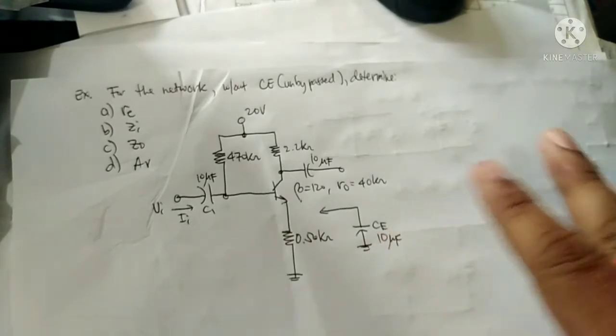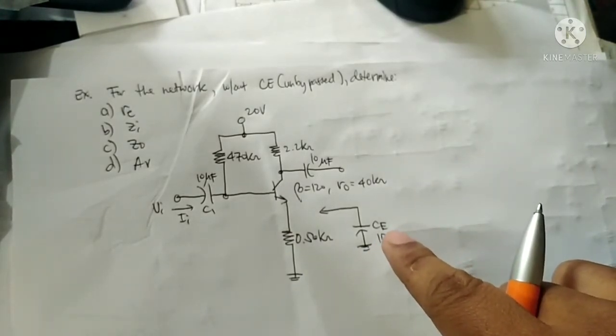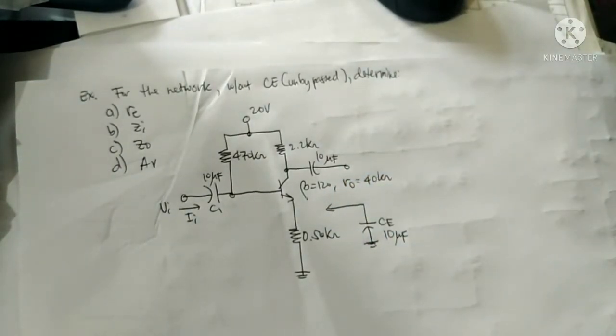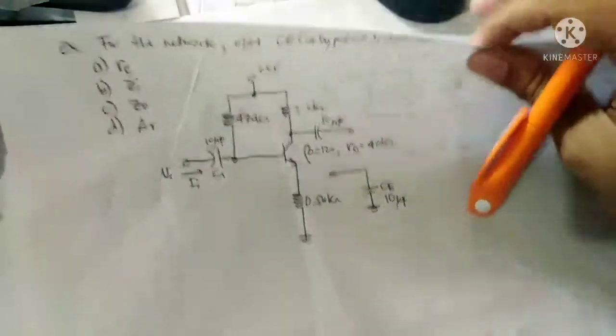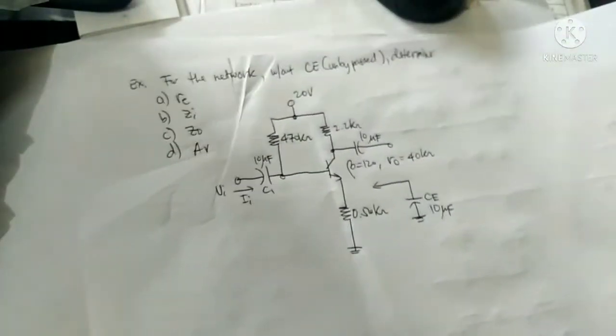Later on we'll compare the voltage gain and the input impedance if we connect the capacitor to the emitter. We'll compare. So let's start with letter A.